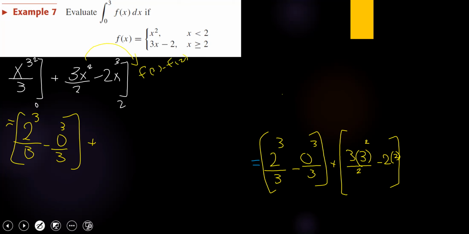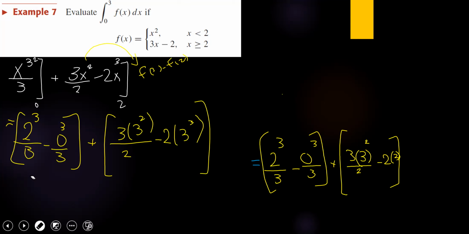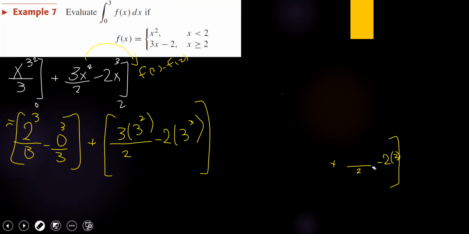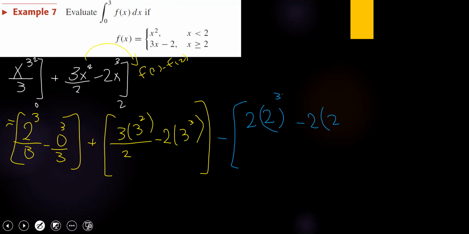So at point F3, what did we have? We have 3 times 3 squared over 2 minus 2 times 3, then minus, let's find now F2, which is 3 times 2 squared over 2 minus 2 times 2.